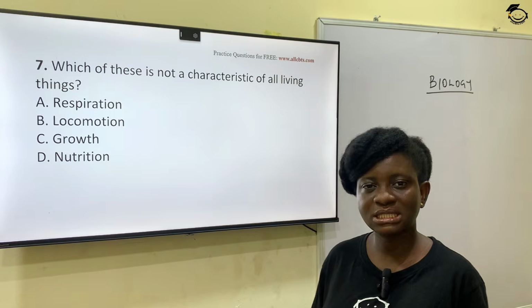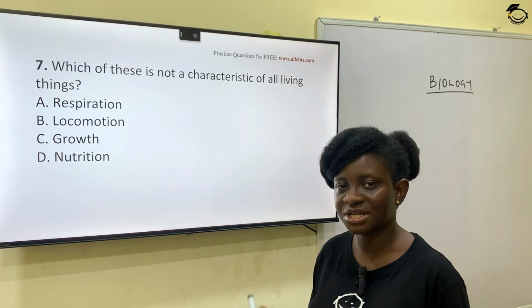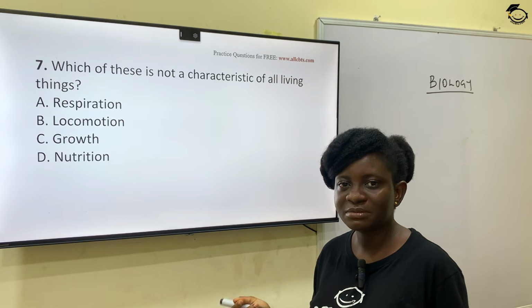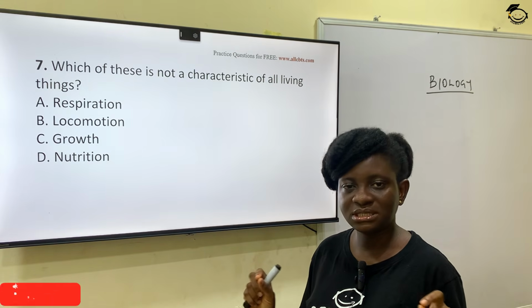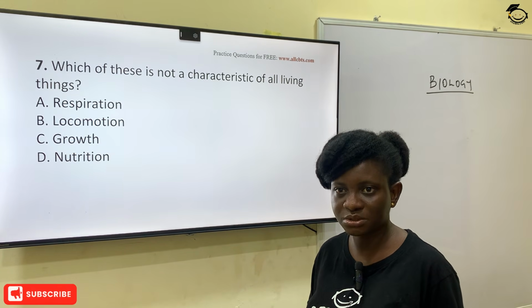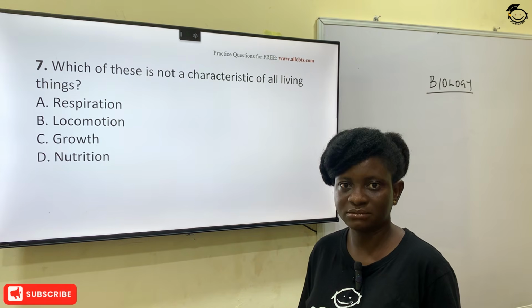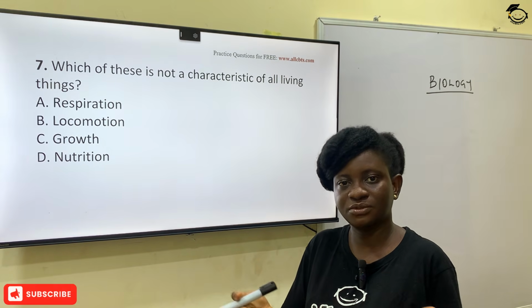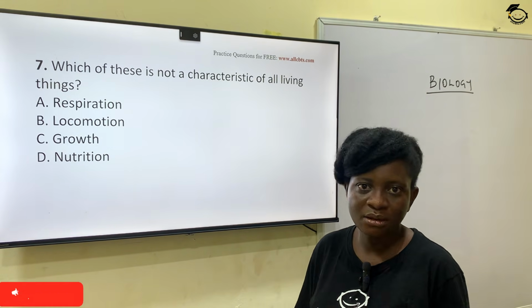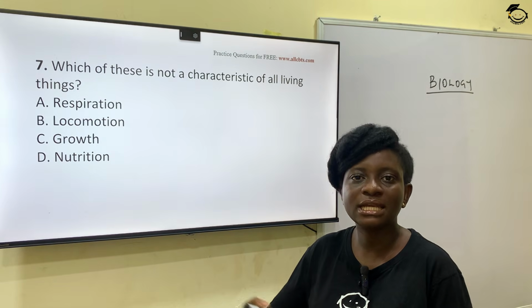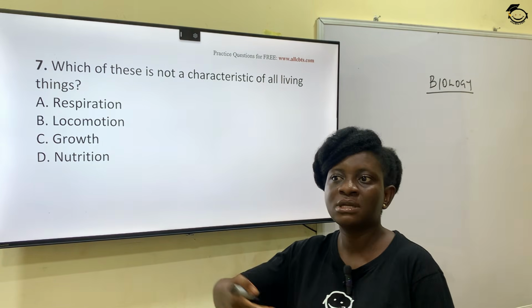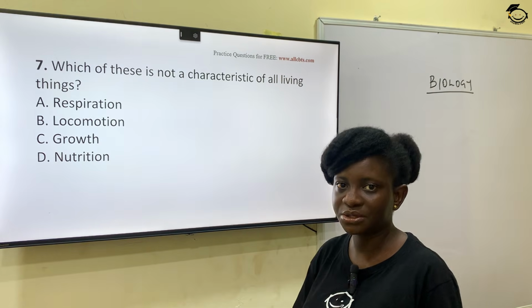We can say movement is part of the characteristics of living things, but movement is different from locomotion. Movement means they can move, not the entire body, but locomotion is like an extra, you move around like humans.